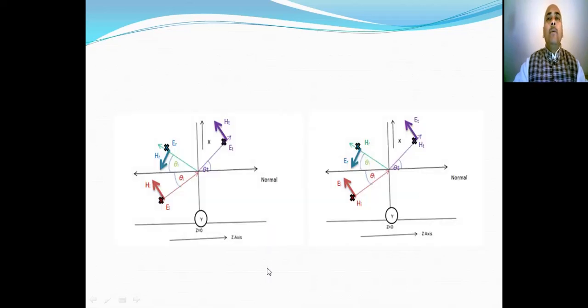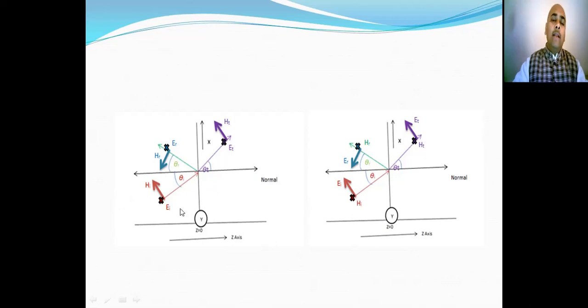Now depending upon the orientation of the electrical field, we have two cases. In one case, the electrical field is perpendicular to the plane of the paper, and in the second case, the electrical field is in the plane of the paper.